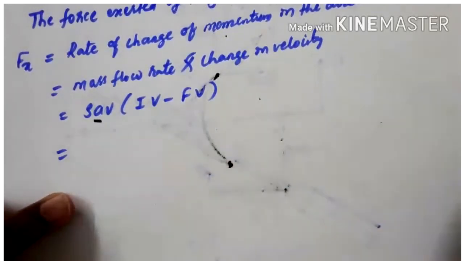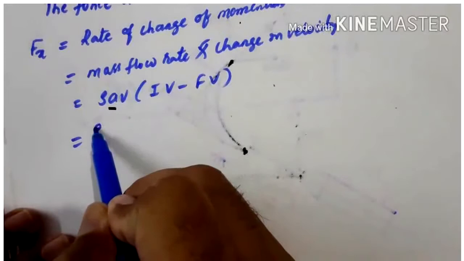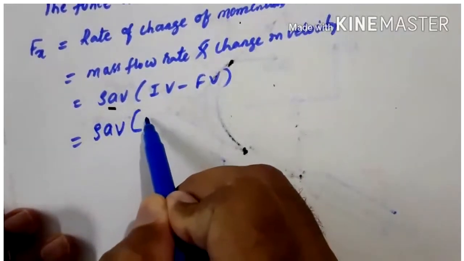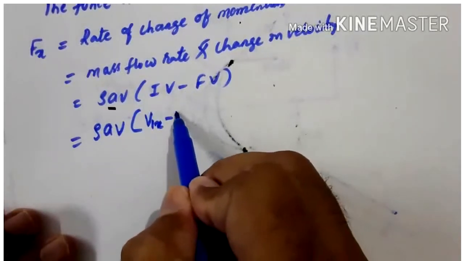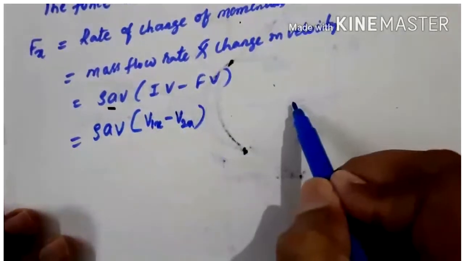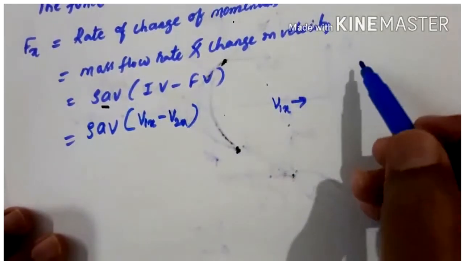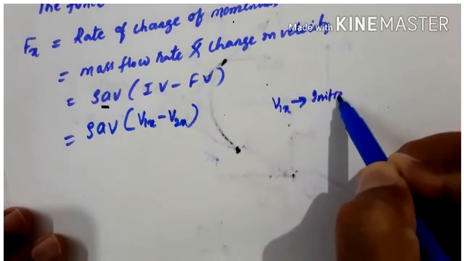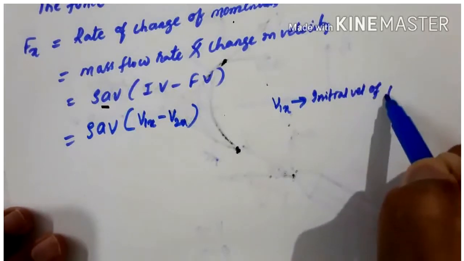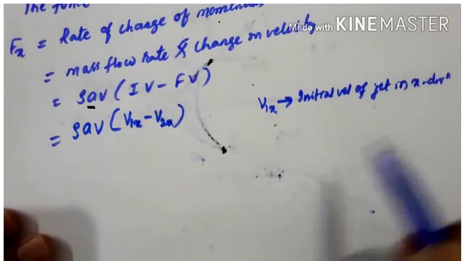Now I can write this again: rho a v into (v1x minus v2x). What does v1x represent? v1x represents the initial velocity of the jet in the x direction.